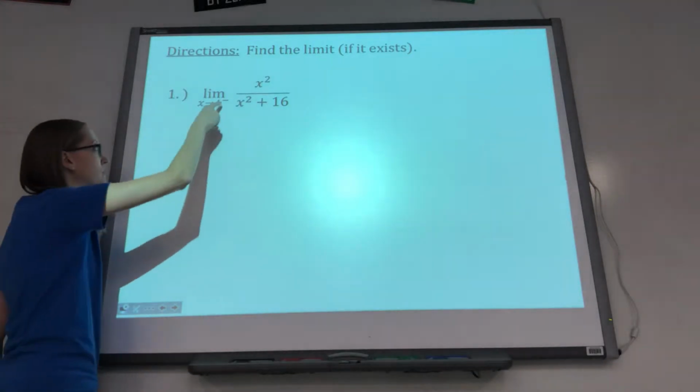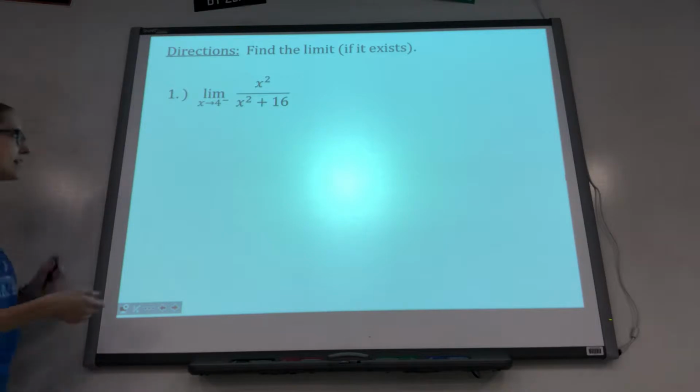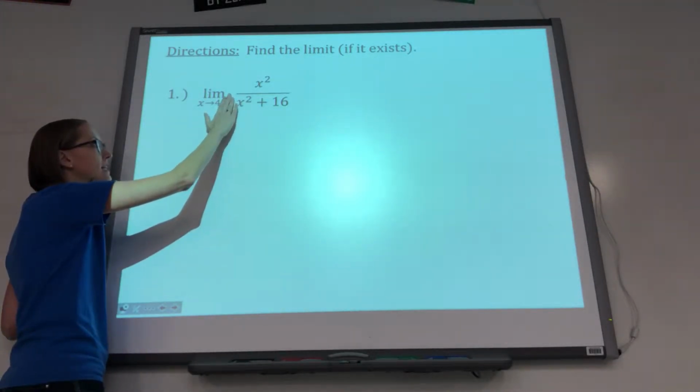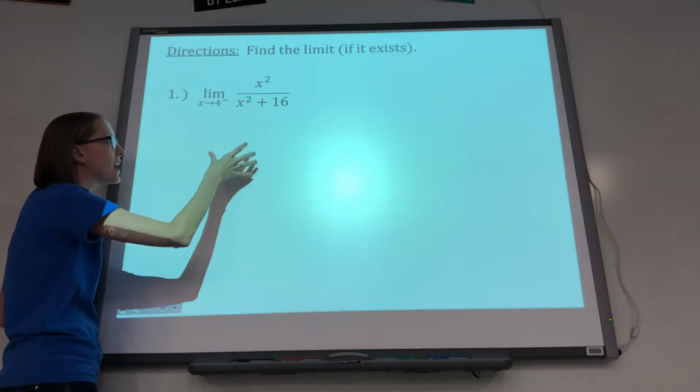First of all, if you remember what we learned about one-sided limits, we learned that if you can find the limit from both sides, then you can just assume that it will equal the limit from one of the sides.